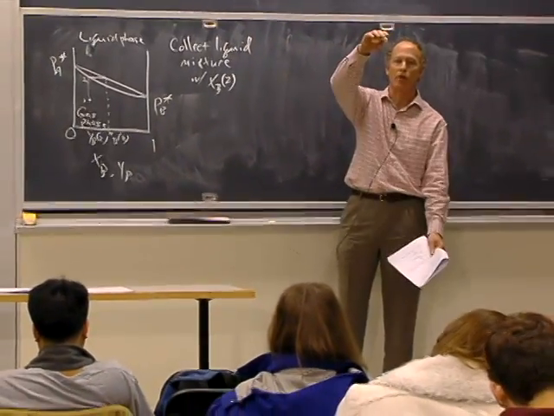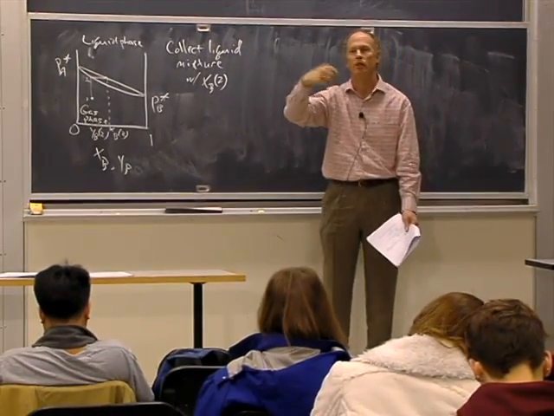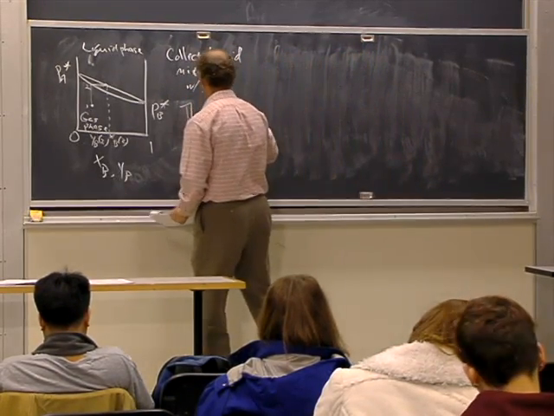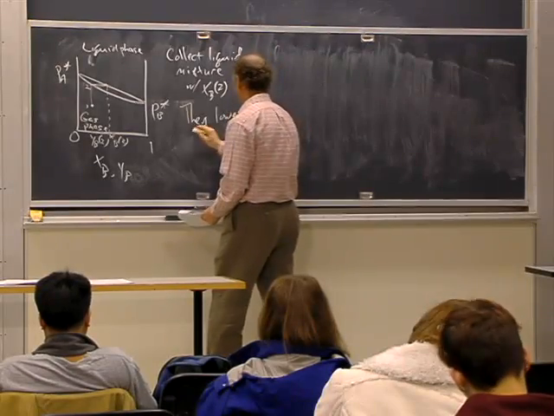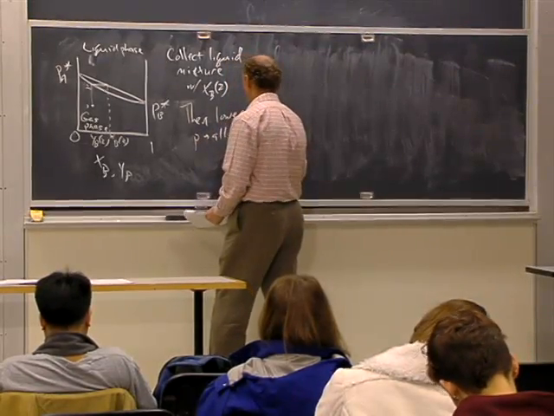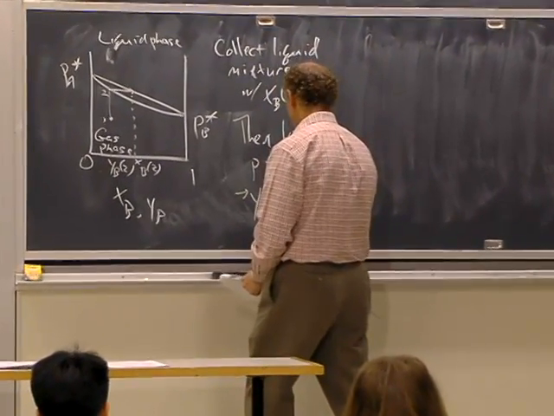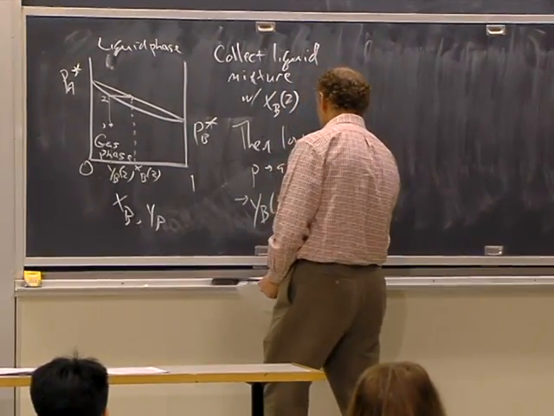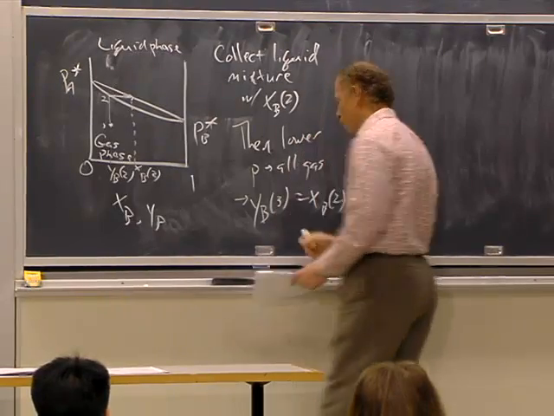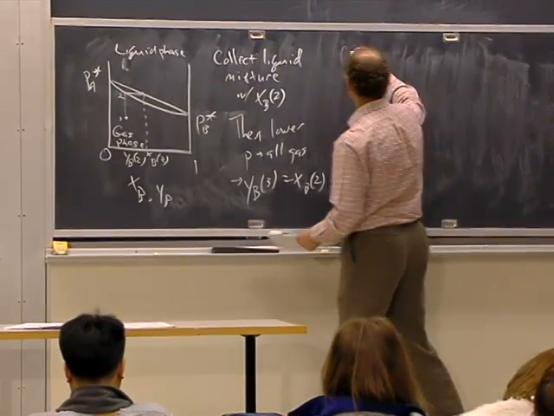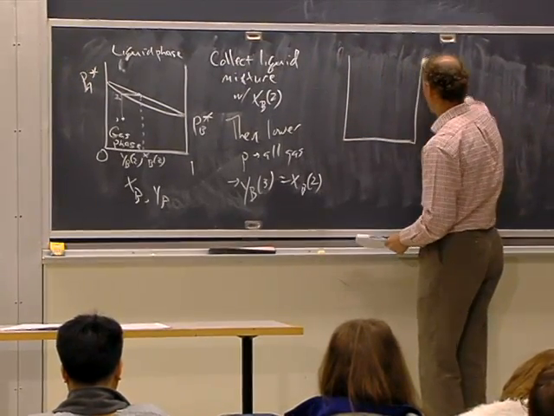Now let's make the vessel big so it all goes into the gas phase, right? Then lower P, all gas. So we start with YB of 3, which equals XB of 2. In other words, it's the same mole fraction, right? So let's reconstruct that, right?